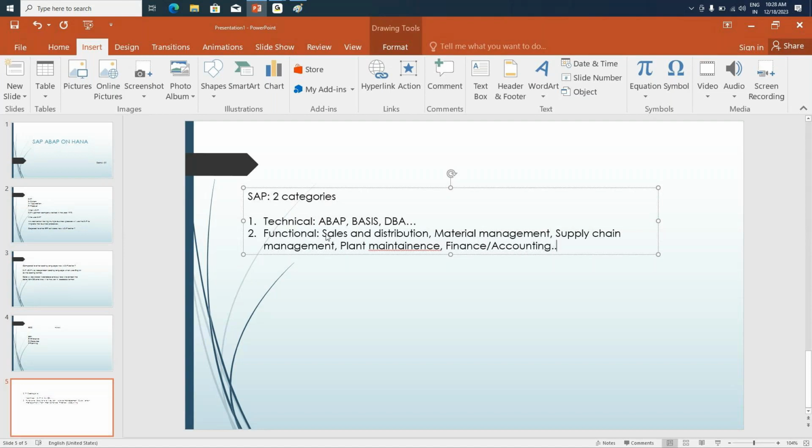And there will be many other modules too, like BODS, MDG, etc. So in general, these three are the most used technical modules in any company, and these are the most used functional modules in any company.